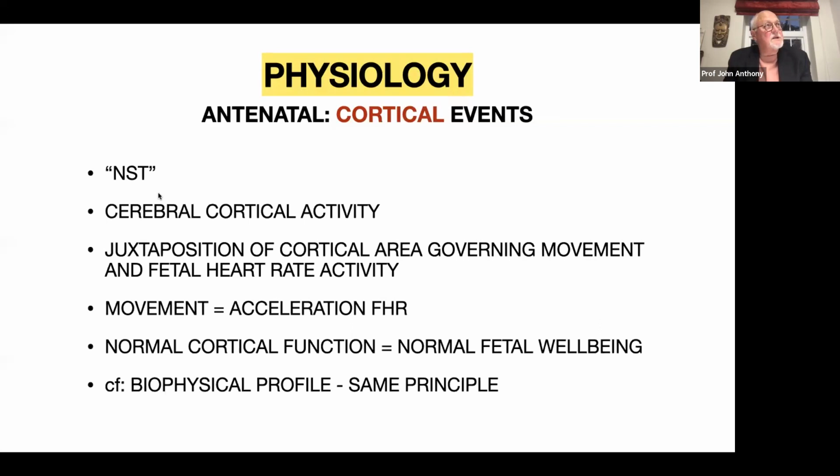And the physiology that you need to understand is that the cortical area of the fetal brain that controls the fetal heart rate lies in juxtaposition to that which controls fetal movement. And fetal movements and fetal heart rate activity are linked. If the baby moves, then you're usually going to see an acceleration in the fetal heart rate.